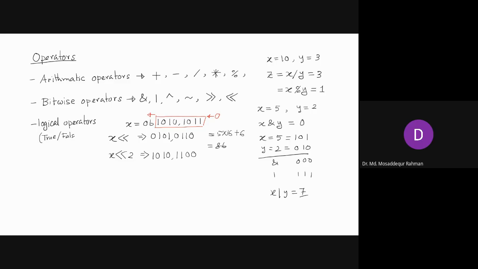There are 2 logical operators: one we call the logical AND, the other is the logical OR. This is different from what we have here. This is the AND operation, and this is the OR operation. This is logical AND, logical OR, and they have only these 2 outputs, either true or false.